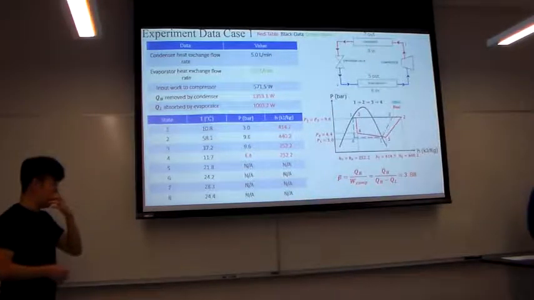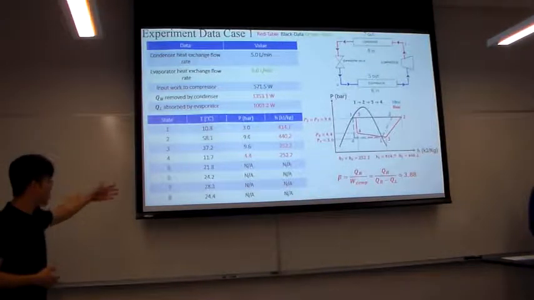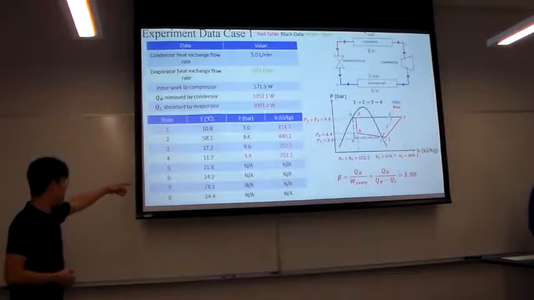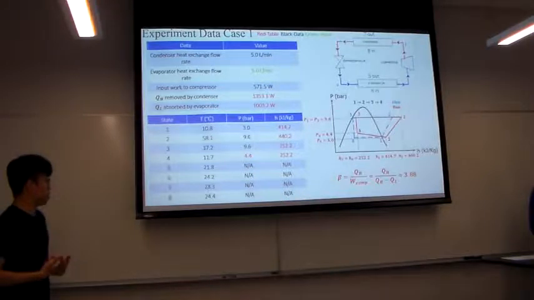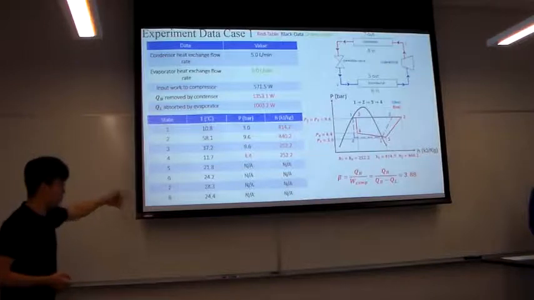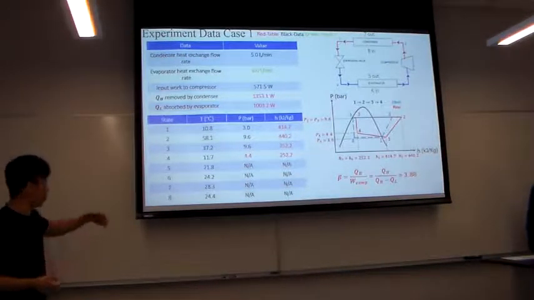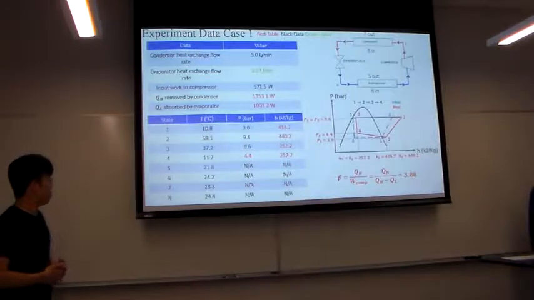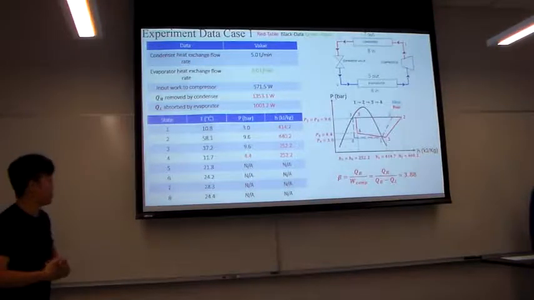So in order to draw the P-h diagram, we have to find the enthalpy for states 1 to 4. States 5, 6, 7, 8 are just the water temperatures for the heat exchangers, and we don't have to worry about the pressure and enthalpy for 5 through 8. From 1 to 3, we collect the temperature and pressure from the lab, so it's easy to find the enthalpy from the appendix table by interpolation.